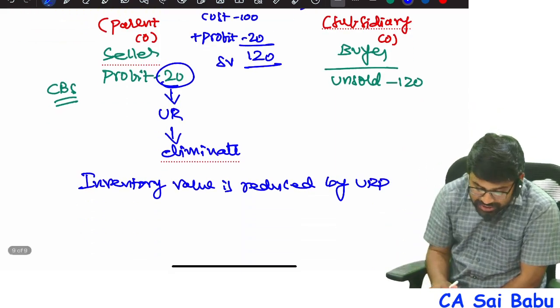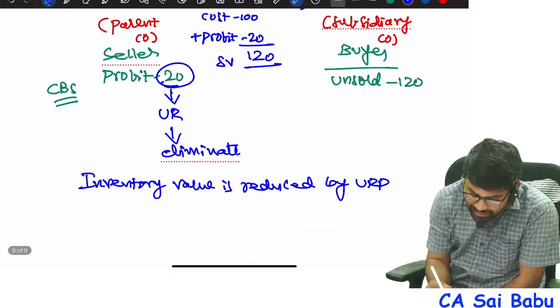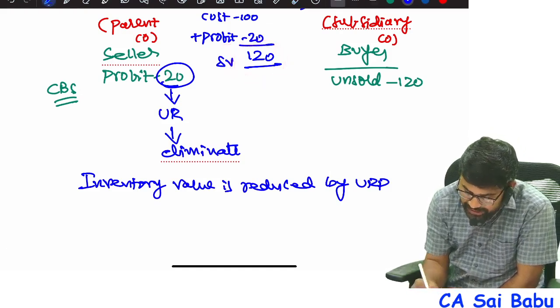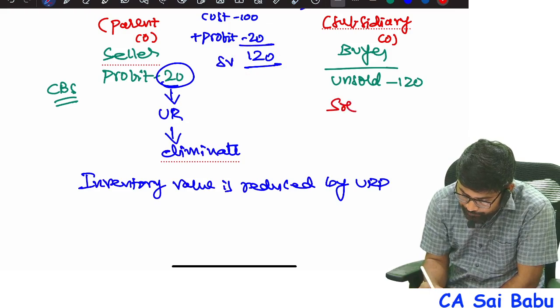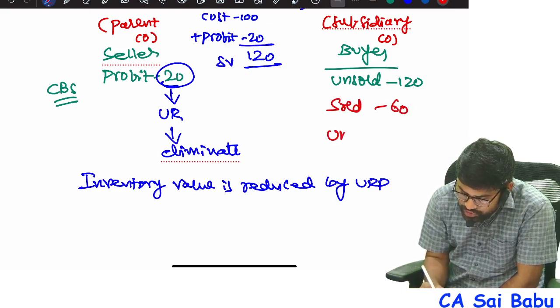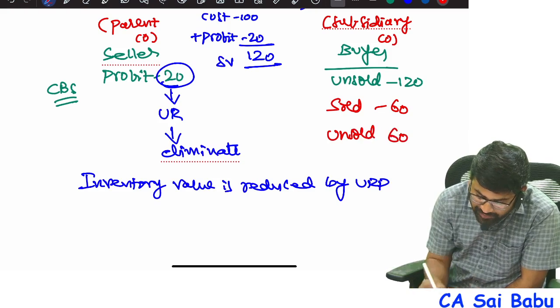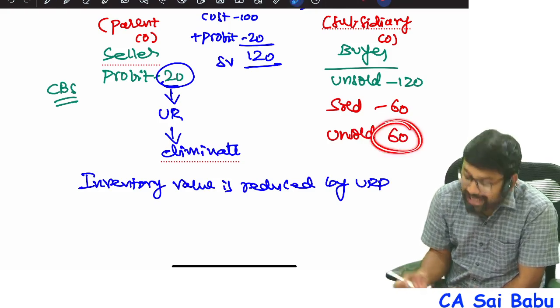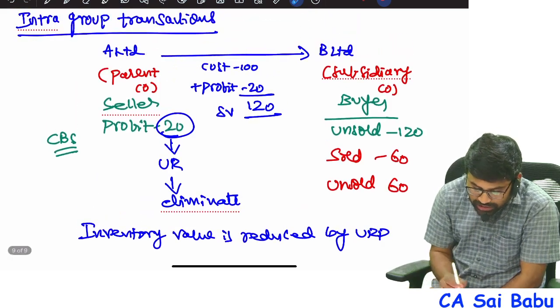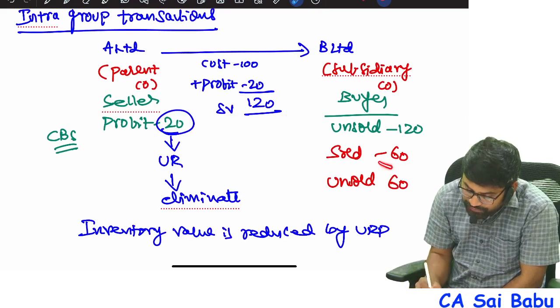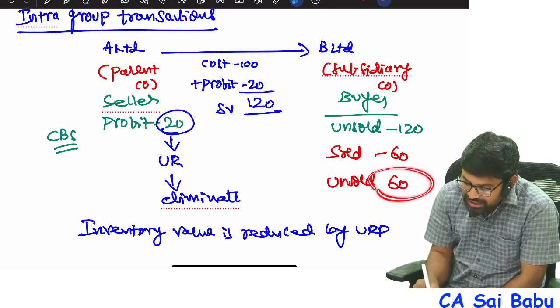Now, my question is, suppose you sold 120 sale value. Suppose the subsidiary company managed to sell 60. That means what is the unsold portion? 60. So tell me now how much URP, unrealized profit, will be eliminated? 10 rupees. Because total profit is how much? 20 for 120 sale value. Out of that, if 60 is sold, unsold is 60.